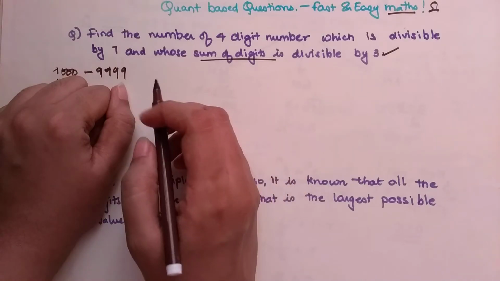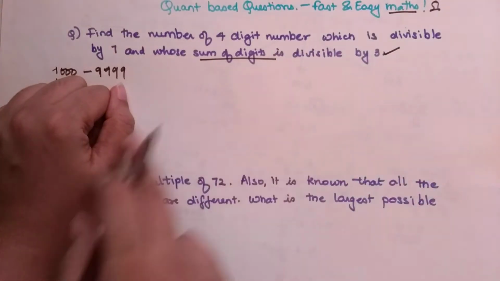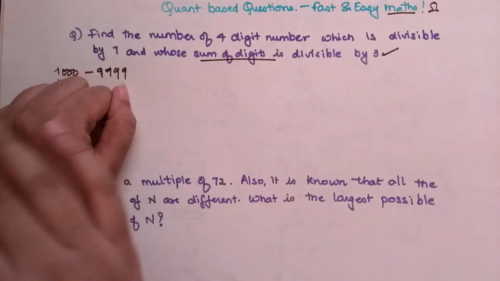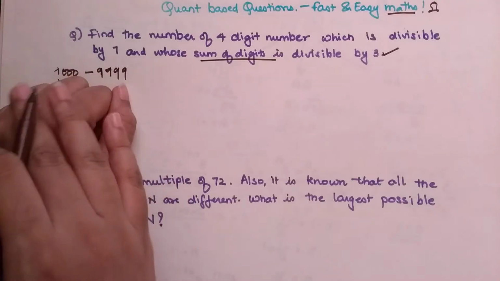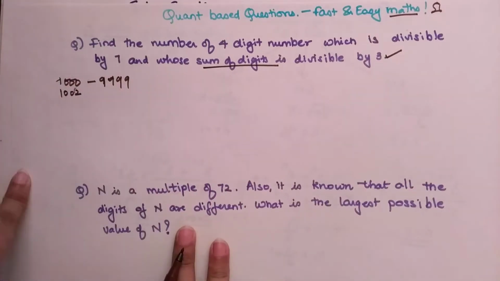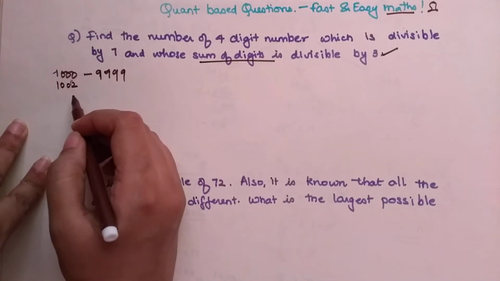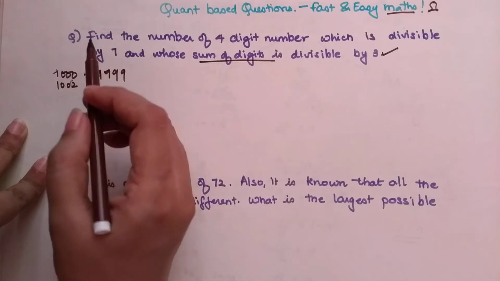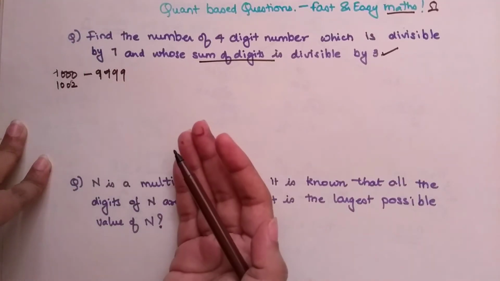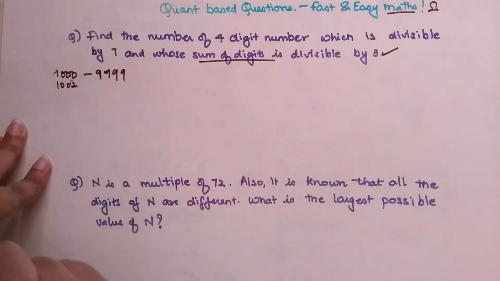So first things first, we will check for the divisibility test of 3 because that is much easier. We see 1000 is not divisible by 3. 1001 is again not divisible by 3. The next number which is divisible by 3 is 1002. But for the divisibility test of 7, the last digit has to get doubled and subtracted from the rest of the number.